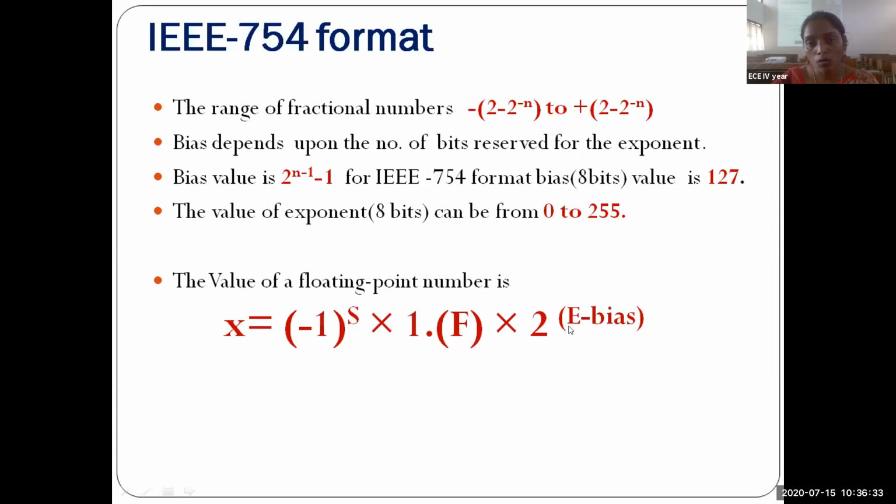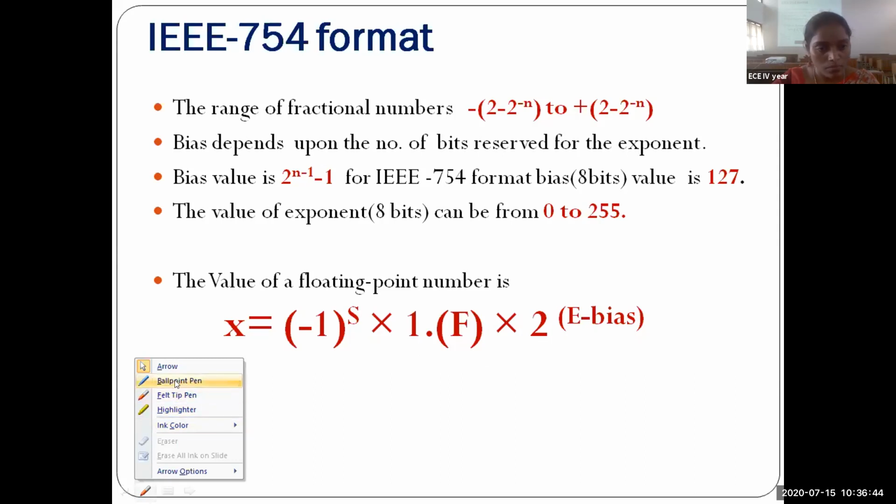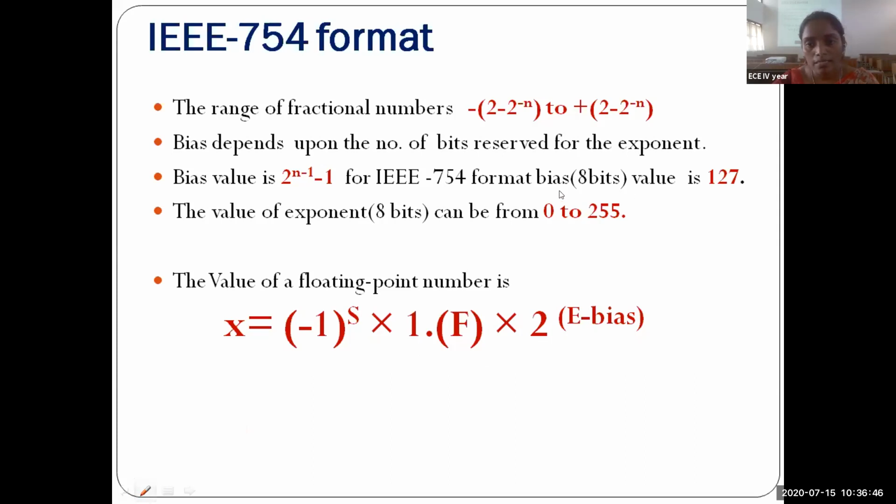So the value of the exponent can vary from 0 to 255. This is the exponent range. So we are taking the maximum value, that is 255, as the exponent value. Depending on your number of bits allotted, the value of the exponent will vary.